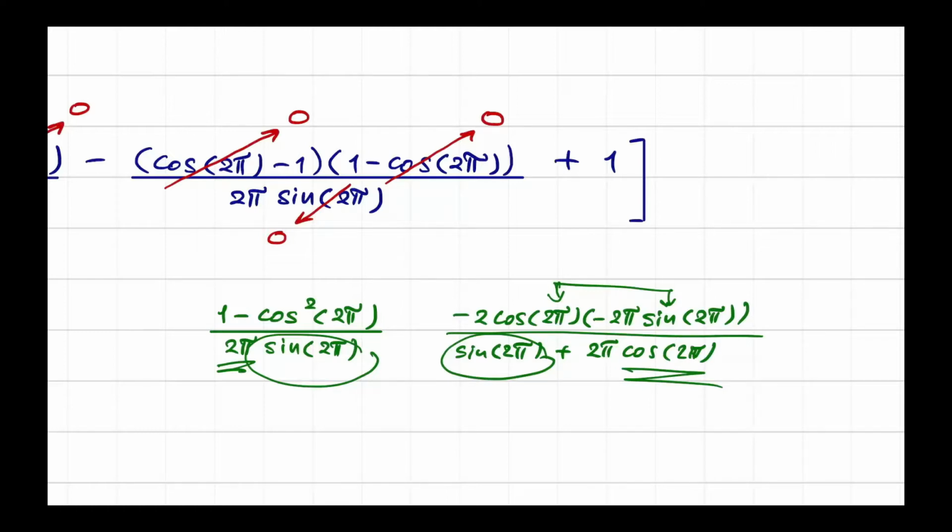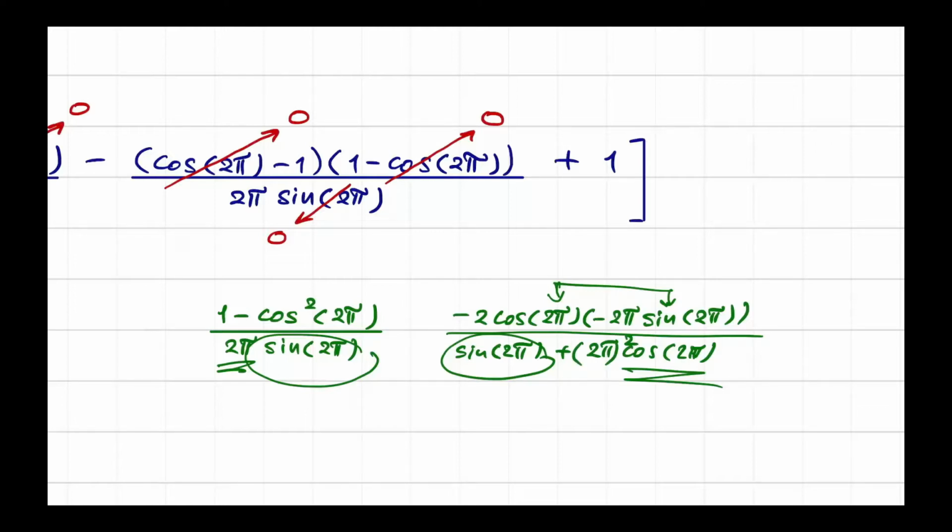Differentiate a times b, you get a times db plus b times da. 2 pi is constant, but you need to apply it when you use L'Hopital's rule. 2 pi what? 2 pi square. Differentiate what? Cosine. Oh, then we get 2 pi square. The whole thing squared, right?